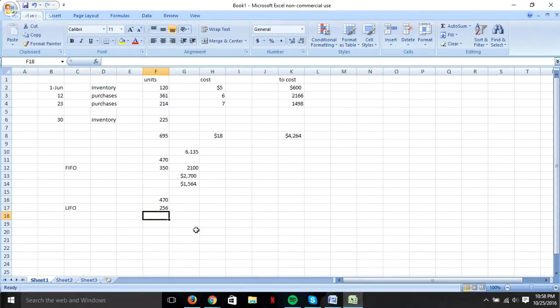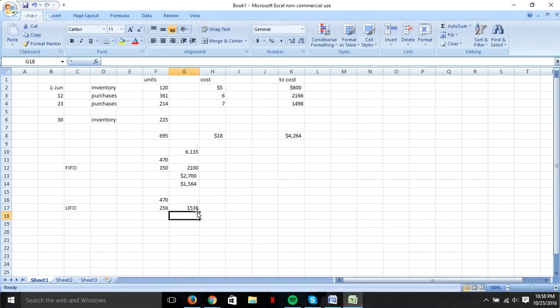And so again, we'll times that by its cost, which will give us $36. And again, that will be our cost of goods sold according to the LIFO system. That was the 1536.